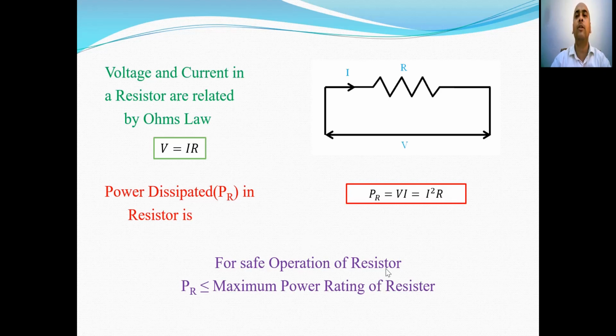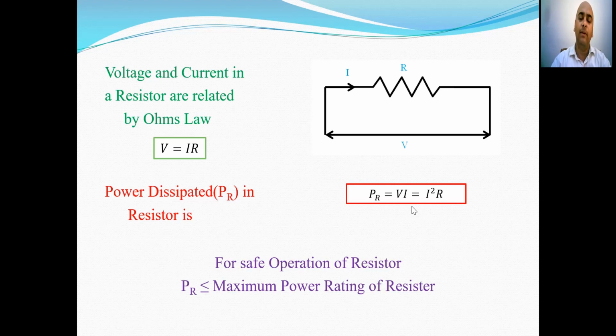For safe operation of the resistor, the PR, that is the power dissipated in the resistor, should be less than the maximum power rating of the resistor, because if the power dissipated in the resistor is less than the maximum power rating, then the resistor will be able to dissipate this heat into the atmosphere.